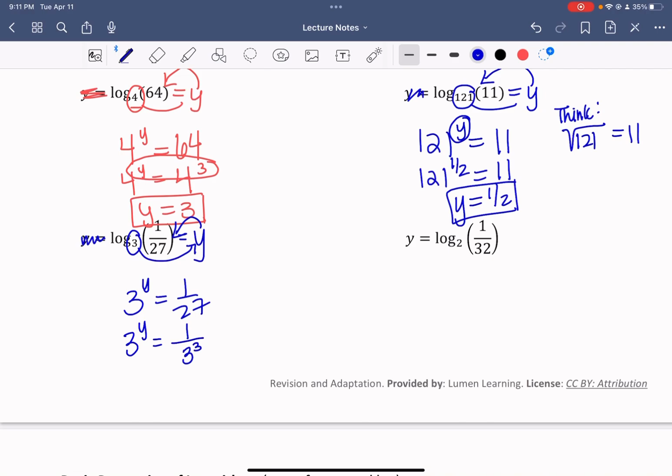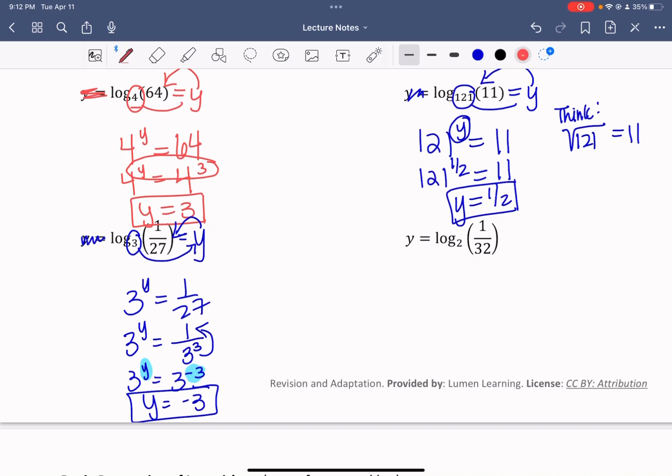That's a 3 cubed. By rules of exponents, if I bump that up to the top, that gives me a negative exponent. So 3 to the y power gives me 3 to the negative 3. So that means y should have been a negative 3.